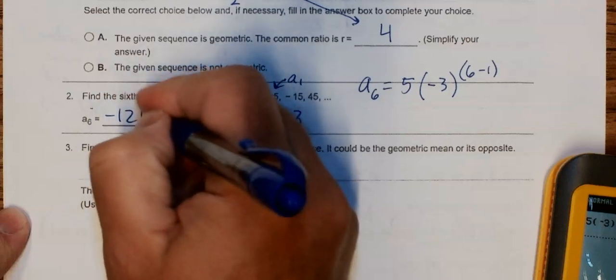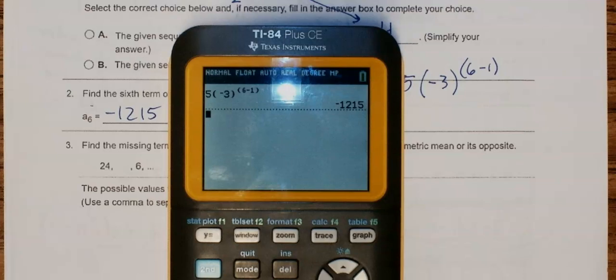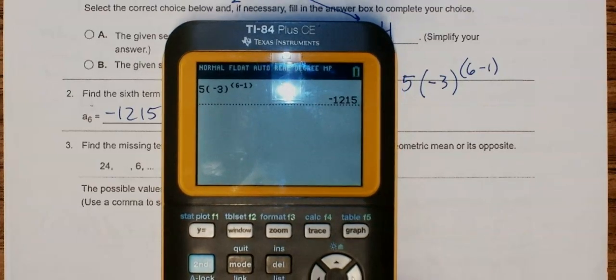But I said that's not the only way we could do this. There is another way we could handle it besides using that formula. We could take the first term, which is 5, and hit enter in our calculators. And then we could say times negative 3. So this would give us the second term, and then I could keep repeatedly hitting the enter button.